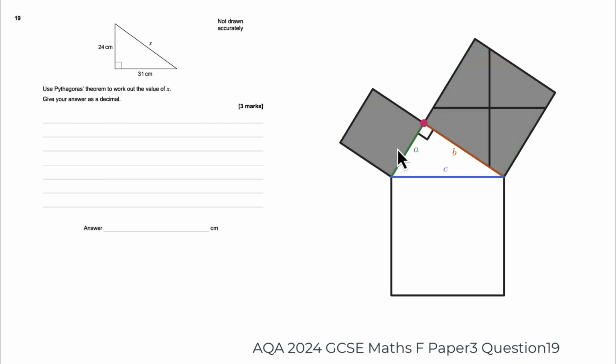So A squared plus B squared is equal to C squared. And the large square is always on the side of the hypotenuse.